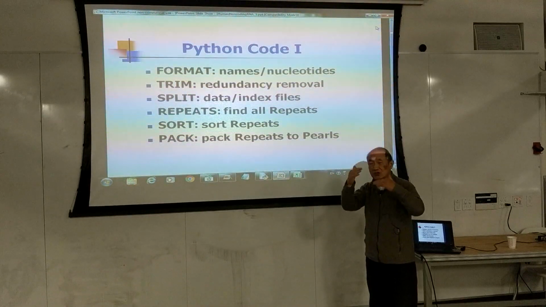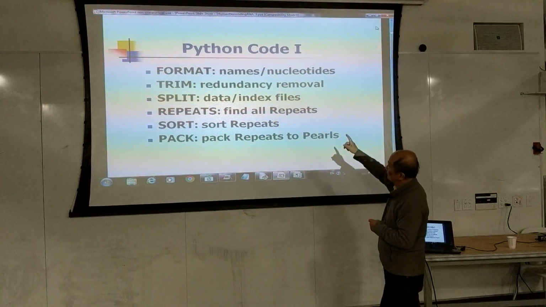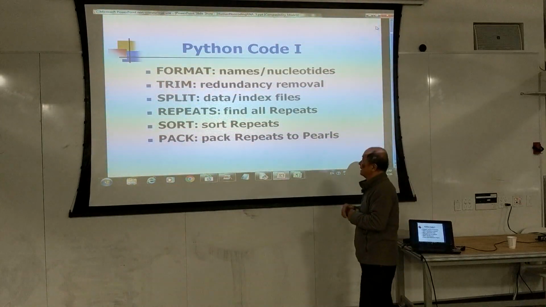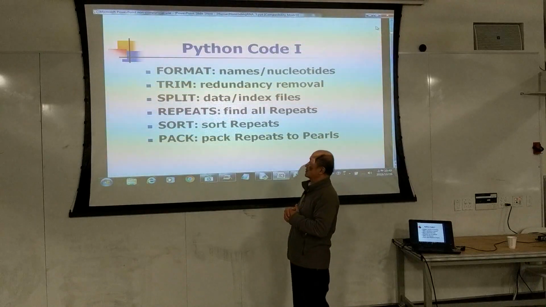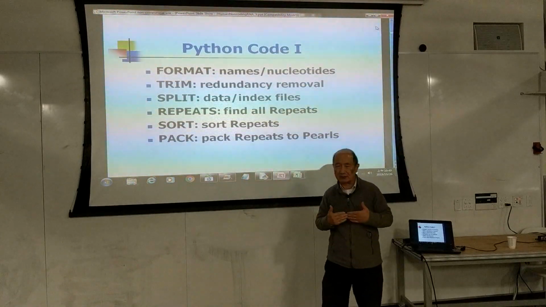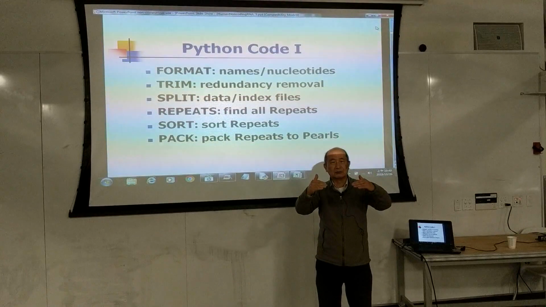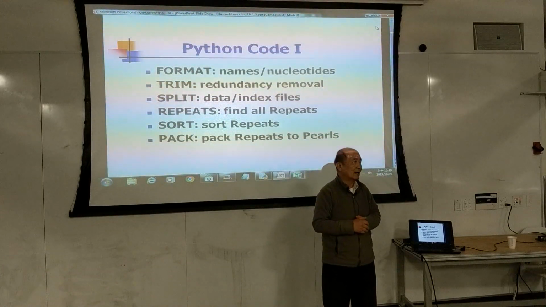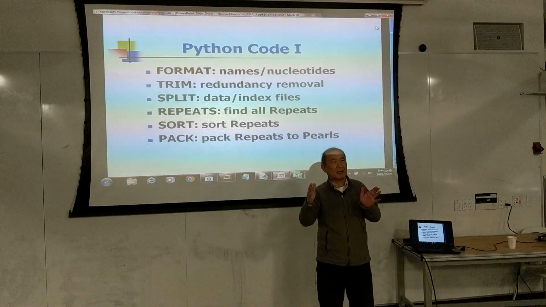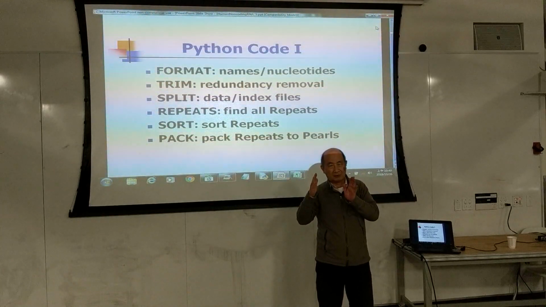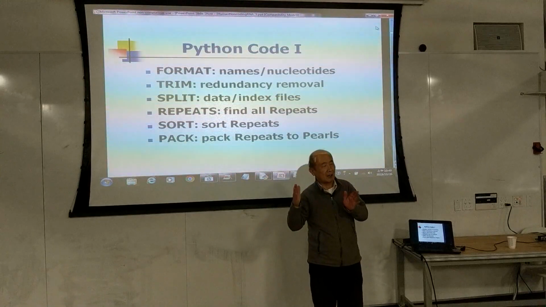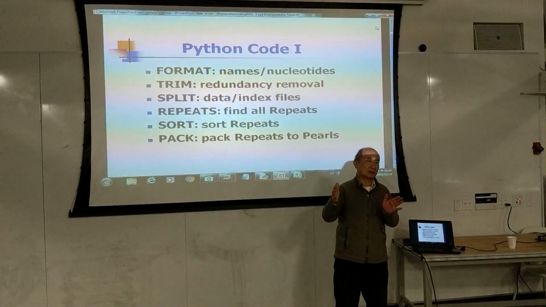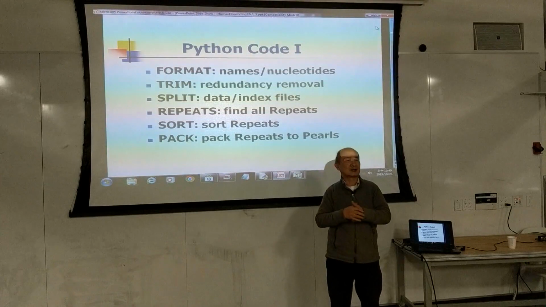And repeats is the center of the analysis. It goes into the big, huge flat data file and finds all the repeats. Repeats are 20-nucleotide patterns which are repeated somewhere in the entire data file.